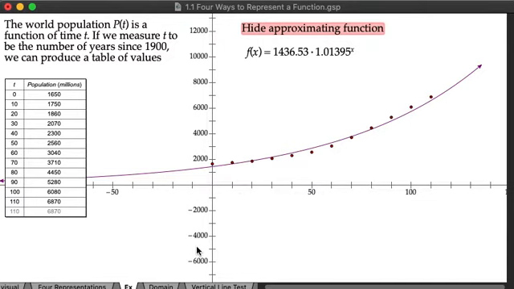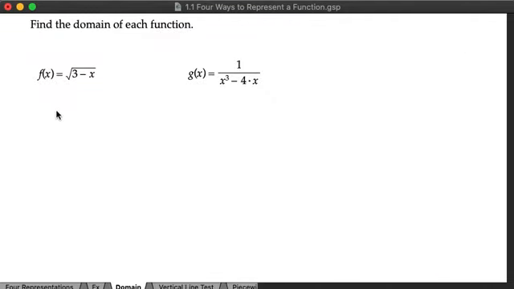Okay. Now, some other vocabulary that we have has to do with the domain of a function, domain and range. So the domain is the set of all input values to a function. Now, in terms of how functions are actually defined, generally functions are defined with their domain.